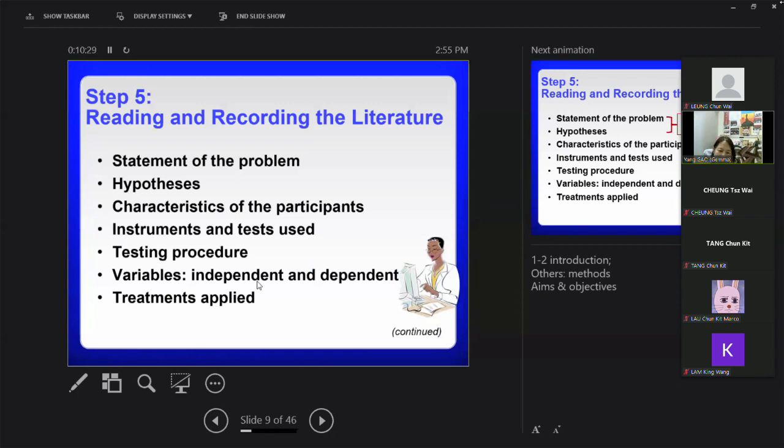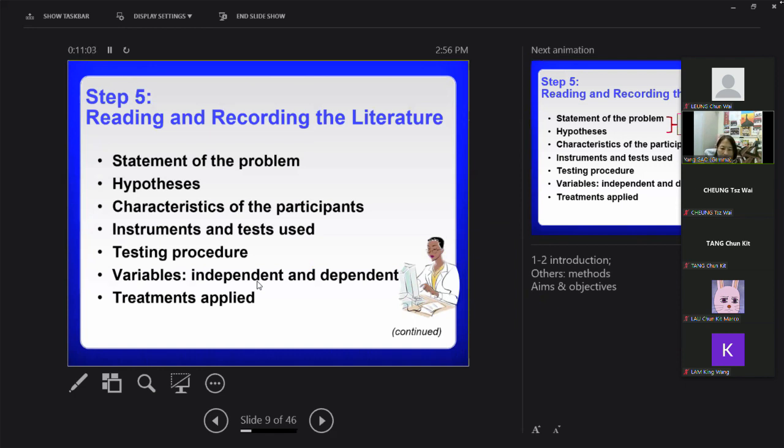If there is an intervention or a treatment, you may also take a look at the treatment protocol. For example, if it is a physical exercise intervention for reducing body weight, you may take a look at what type of exercise they applied, at what level of intensity and frequency, as well as the dose.